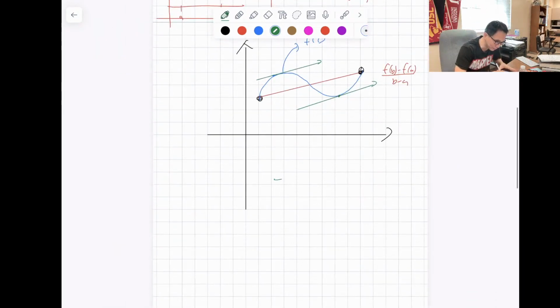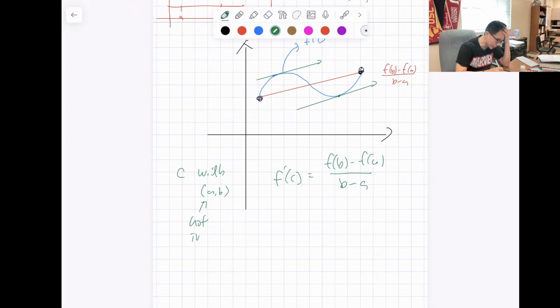So let's write it down. So there's at least one c, but not including endpoint again, is equal to f of b minus f of a over b minus a. The c has to be within a and b, not including endpoints.